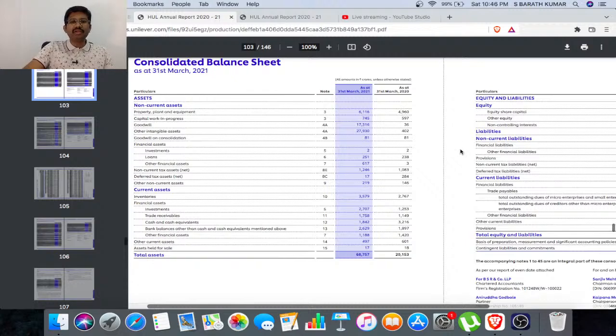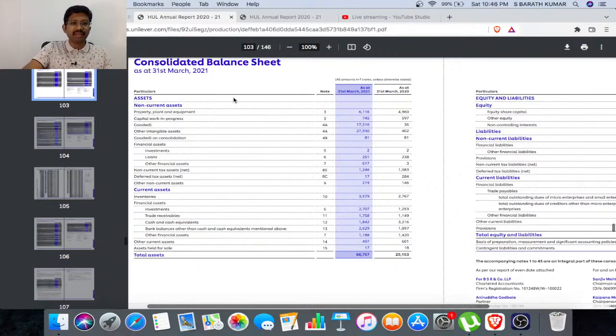Generally you don't have to look into every figure in depth. But when something looks very odd and really off the mark compared to the previous years, that is when we need to be careful, exercise caution, and do a little bit of detailed research.